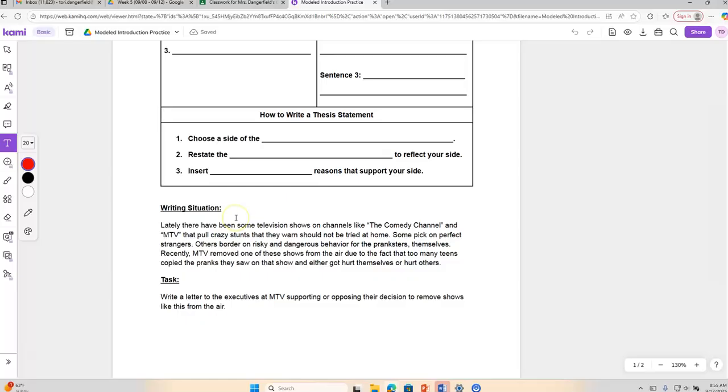The prompt is on the first page at the bottom, and it starts with the writing situation. I'm going to read it, and I would like for you to follow along with me as I read. It says, lately there have been some television shows on channels like the Comedy Channel and MTV that pull crazy stunts that warn they should not be tried at home. Some pick on perfect strangers, and others border on risky and dangerous behavior for the pranksters themselves.